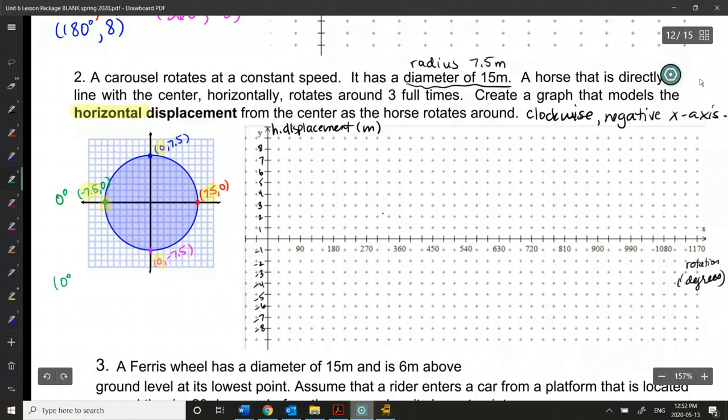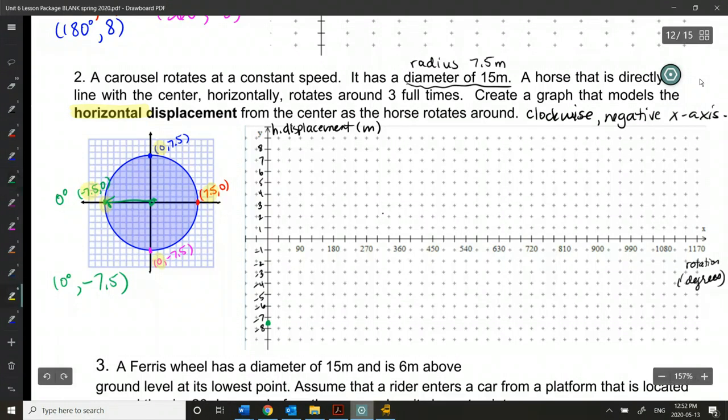Okay, so remember wherever you start is 0 degrees and we're tracking horizontal displacement. So I'm interested in, are we to the left, the right, or equal with the center? At this point here, we're to the left of the center by 7.5 meters. So we're going to start at 0 degrees at negative 7.5.